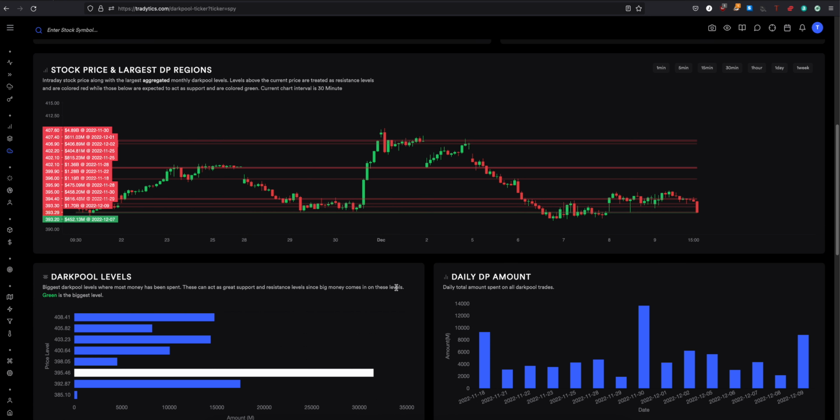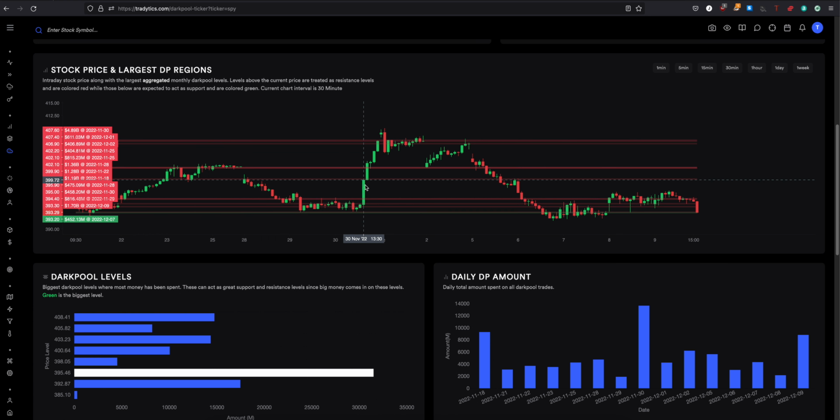And basically I'm using them as support and resistance levels. And before I even dive into my Webull charts, if you just look at this chart, these levels are kind of mapped out for you. And you'll notice that in areas where there's not a lot of dark pool activity, price seems to move a little smoother through. So you can see we trended up nice in between these major levels, trended back down.